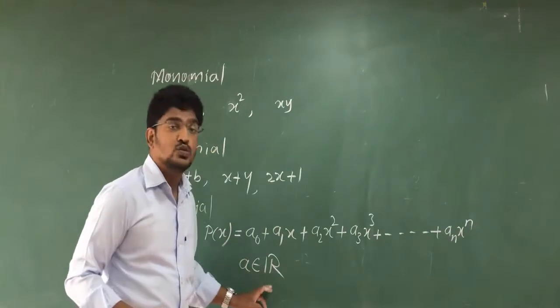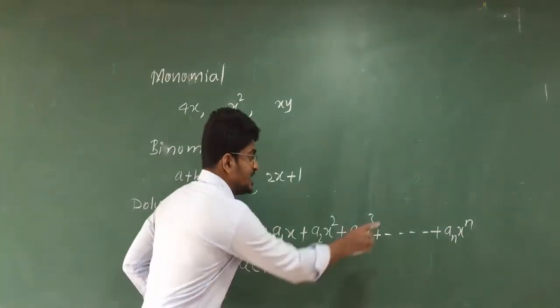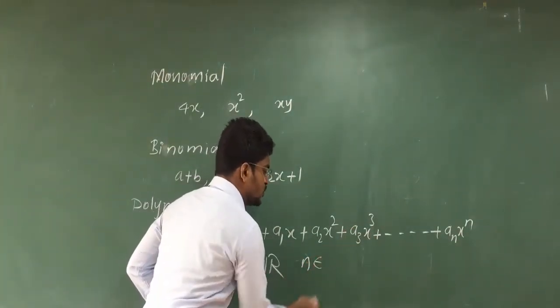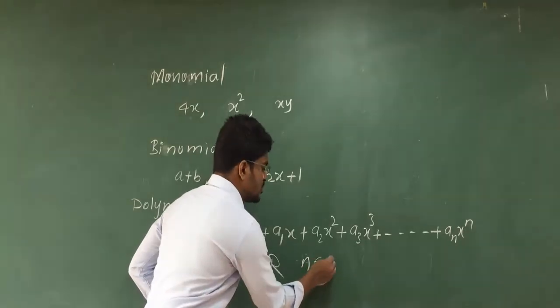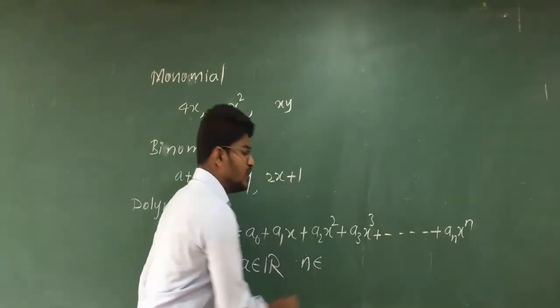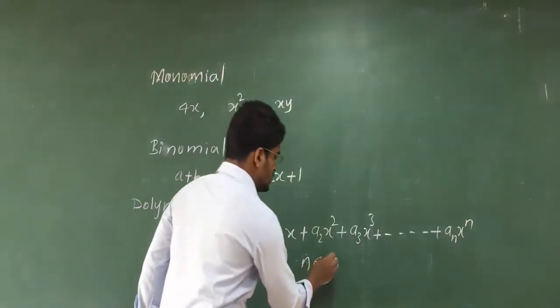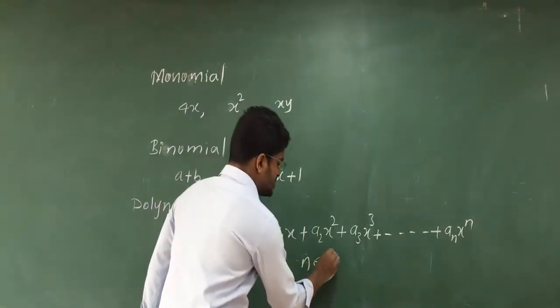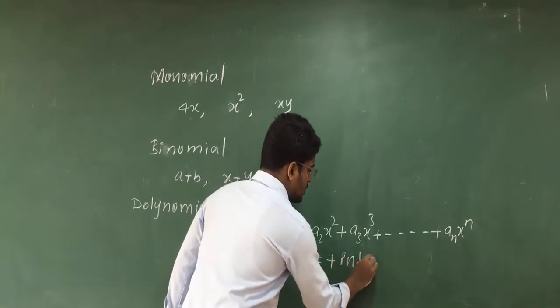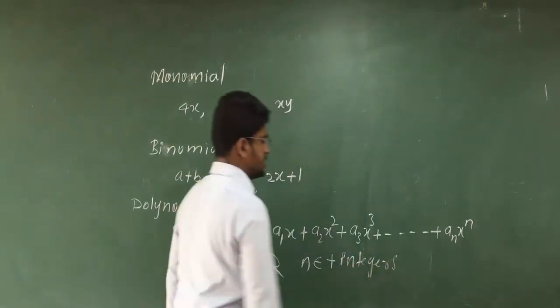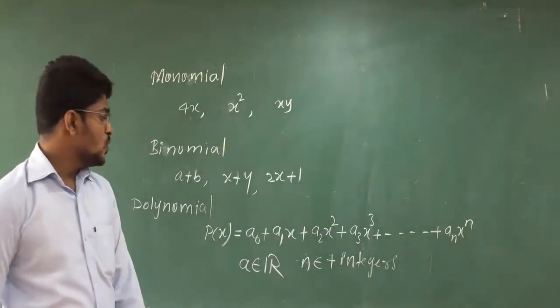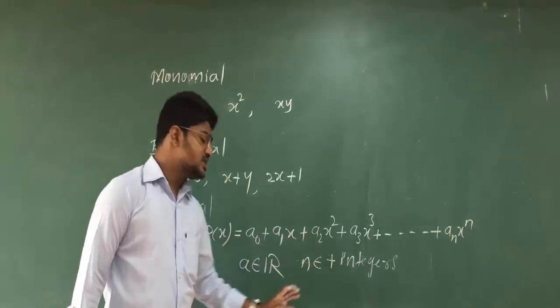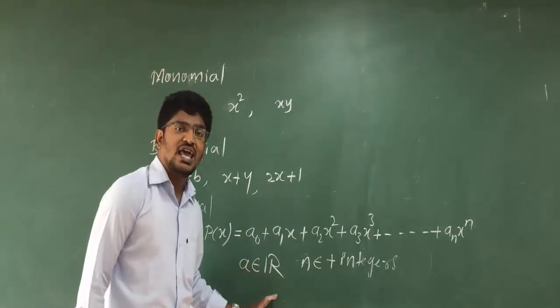So a belongs to real numbers and n belongs to non-zero integers, or what we can say as positive integers. Clear? So n belongs to positive integers, a belongs to real numbers.